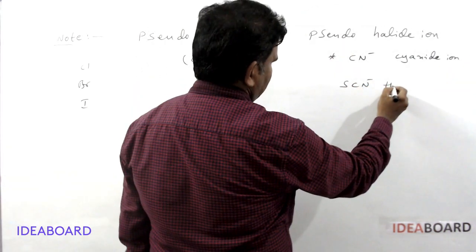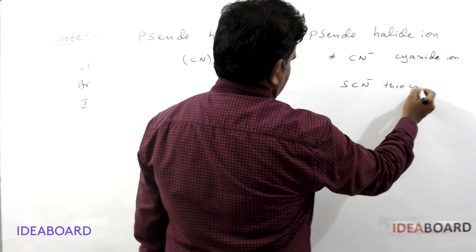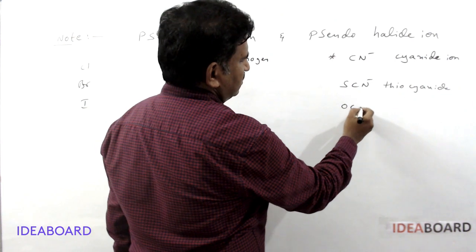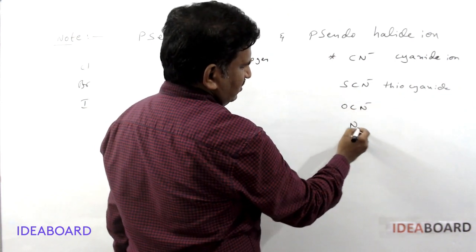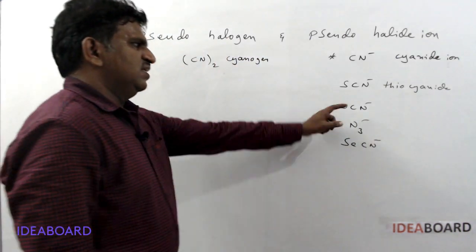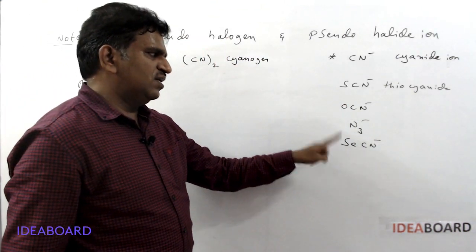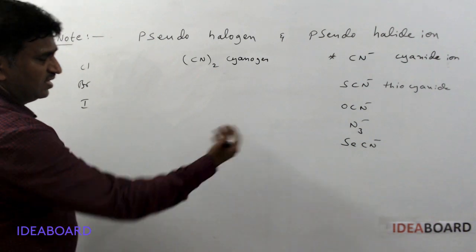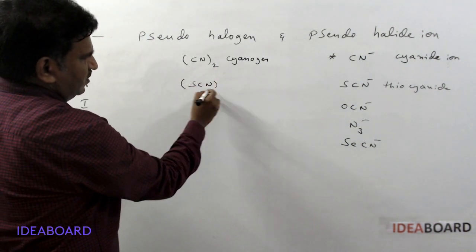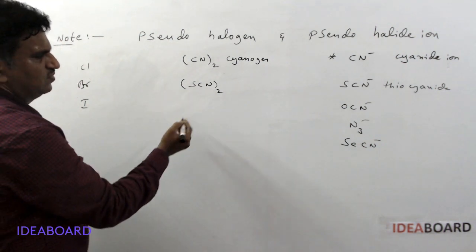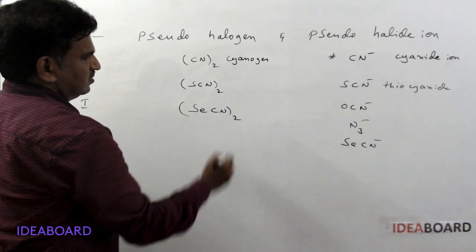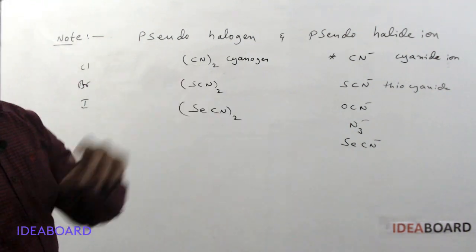And another important pseudohalide ion, SCN minus, is called thiocyanate. And OCN minus, N3 minus, SeCN minus: cyanate ion, azide ion and selenocyanate ion. Similarly, (SCN)2 is called thiocyanogen, and (SeCN)2 is called selenocyanogen.